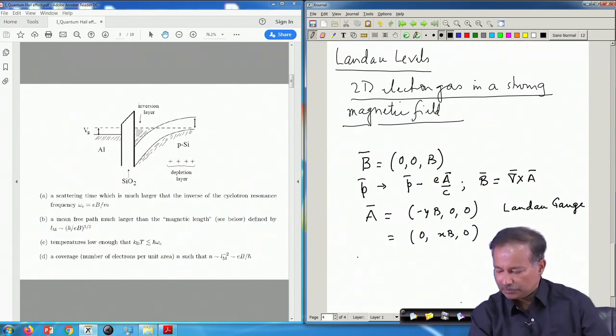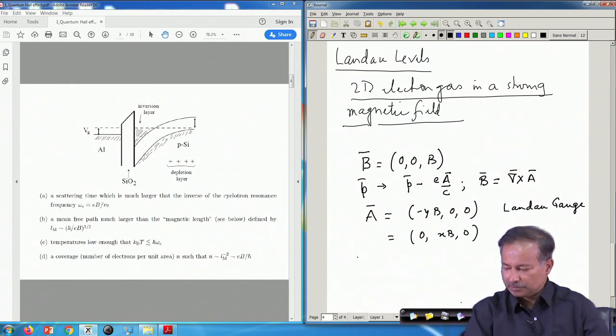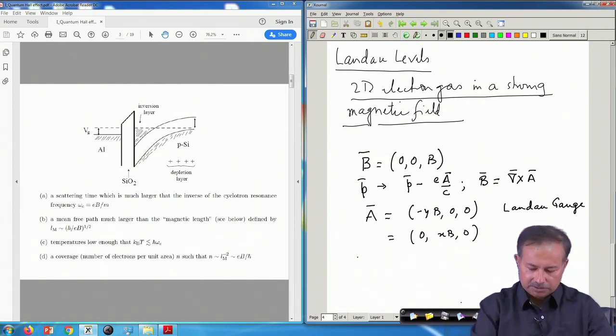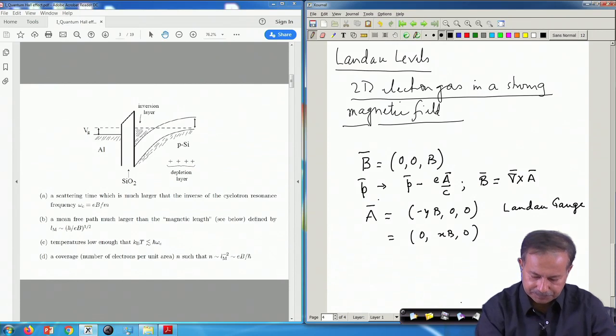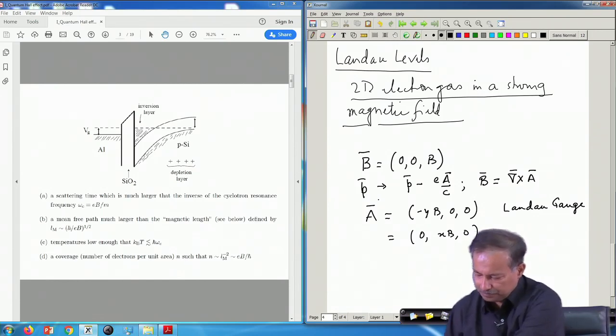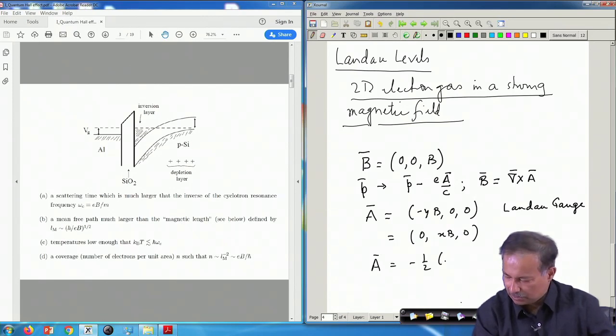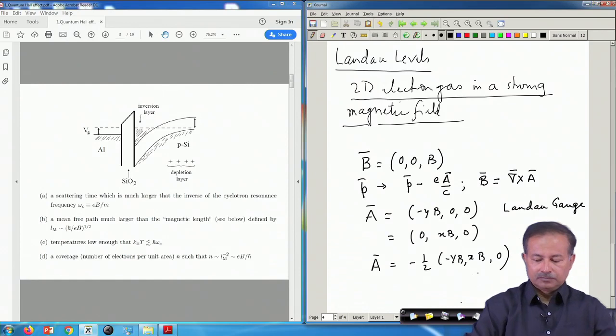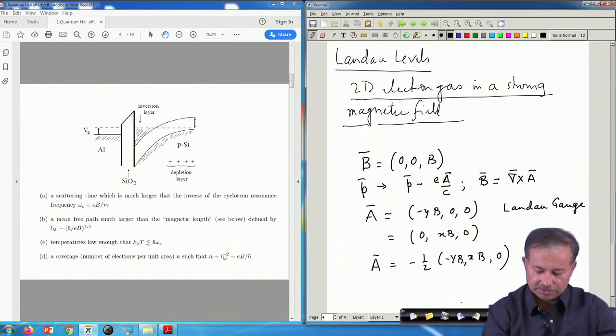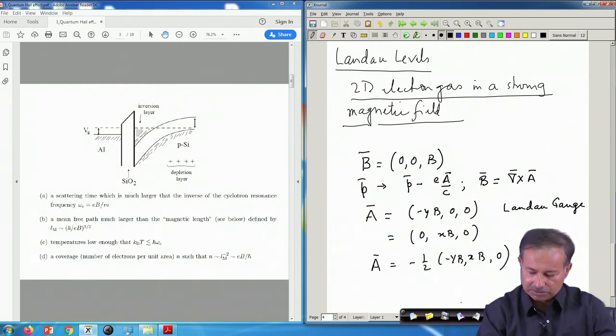There is another way, something called the symmetric gauge, which you can choose as a combination of both, keeping both of them for your A. So, the symmetric gauge, for example, is minus half y B, x B, 0. So, this is y times B, x times B and 0 of course. This is called the symmetric gauge.